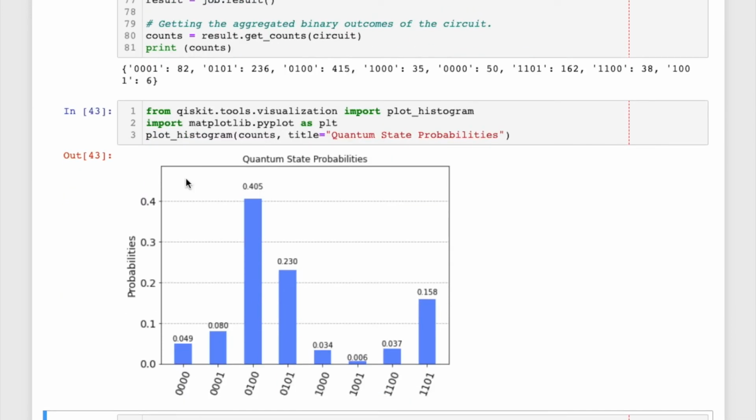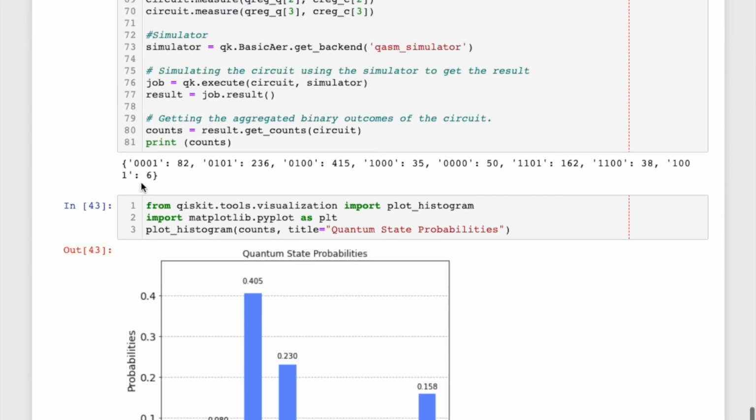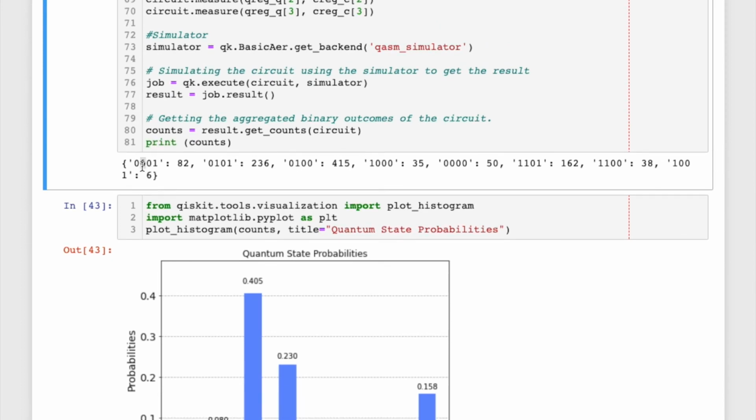And you can see that the states, it's kind of tricky, because the last number in this state is given for Q0, the second is given for Q1, so the ancilla, the third, so you need to read it from right to left. So the first number is for Q0, for Q1 is 0 here, for Q2 and Q3 and so on.